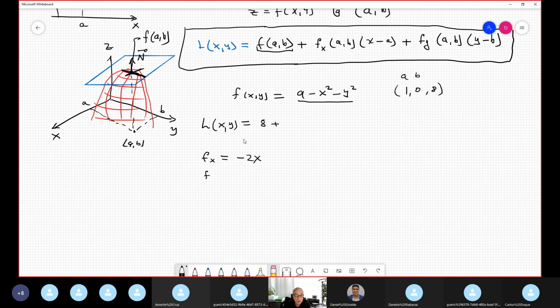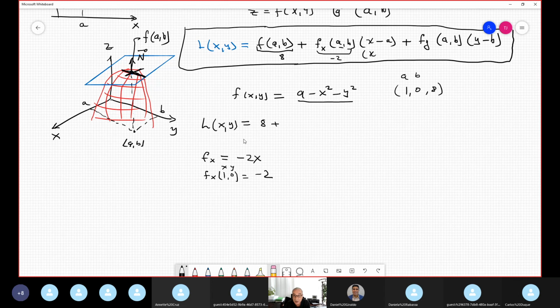Evaluated at the point a, b, in our example 1, 0, so x is 1 and y is 0. The partial derivative does not depend on y in this example, though in other examples, of course, it can. It's minus 2.